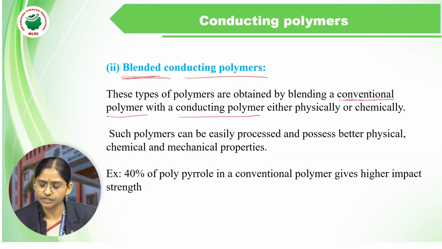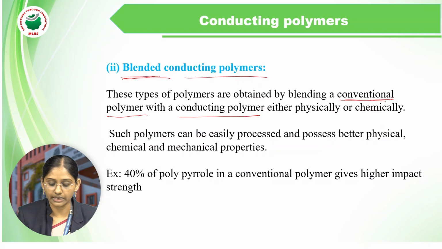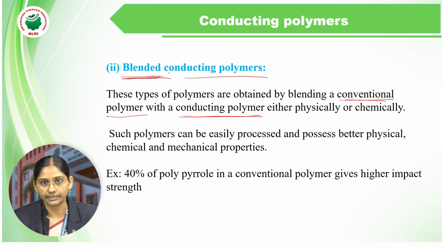A conventional polymer means just a normal polymer we have taken, it is not conducting electricity, but we are mixing in a conducting polymer. Conducting polymer is mixed with our normal polymer, that is conventional polymer. Both are mixed with each other. That's why it is named blended conducting polymers.